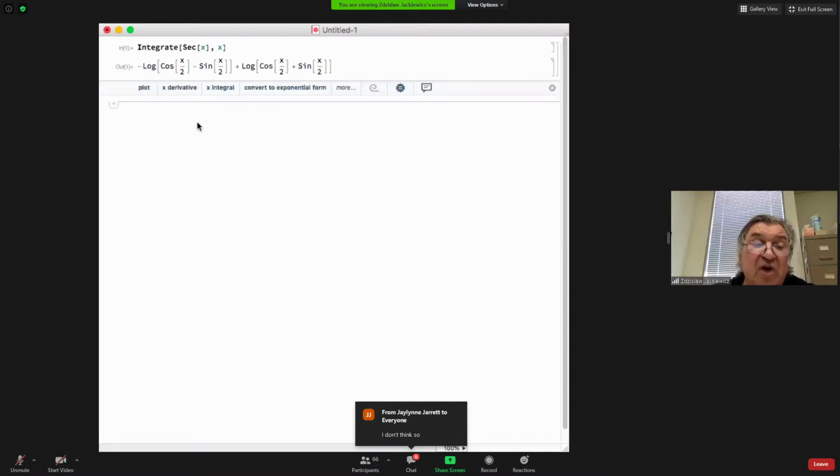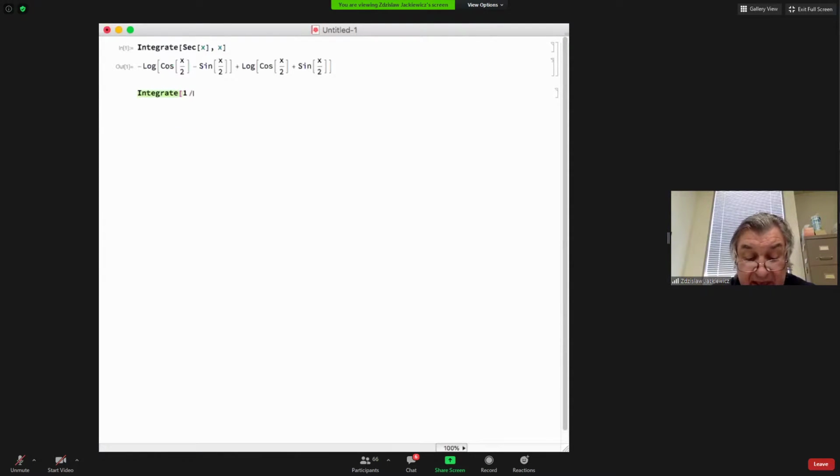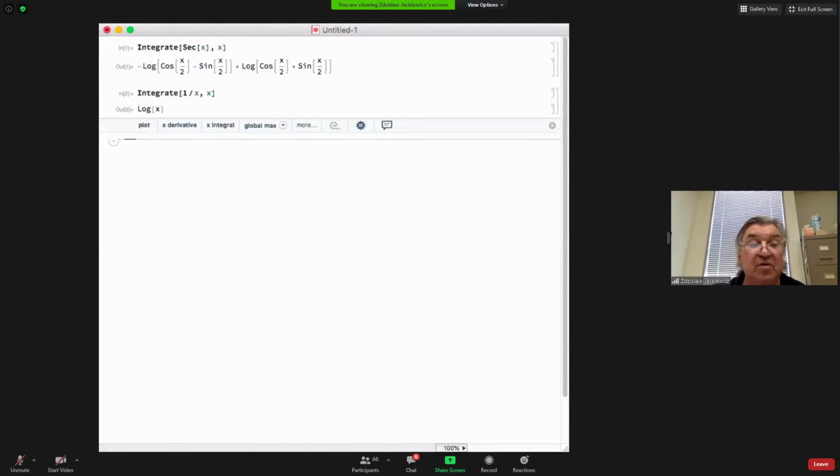Okay, let me make this comment. So let's see what you will get. Integrate 1 over x. Okay, we integrate 1 over x with respect to x. So look, Mathematica tells us that's a log of x. There's no absolute value, there's a bracket. So this is incorrect. If you would put this thing into the web work, it would tell you that you have the wrong answer.